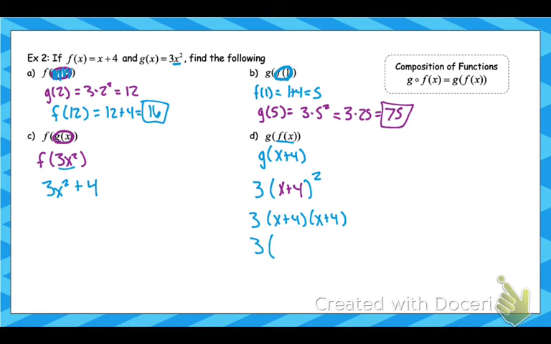X plus 4 times x plus 4 would be x squared plus 4x plus 4x plus 16. So this is x squared plus 8x plus 16. Then we can distribute that 3 to get our final answer.